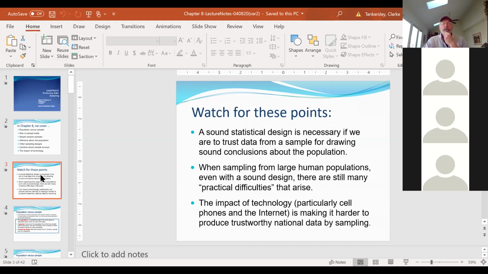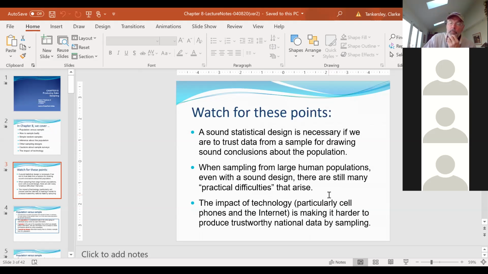All right, so a sound statistical design is necessary for all kinds of things. We have to trust the data from a sample, and the conclusions from the sample can be applied to the population, all right?